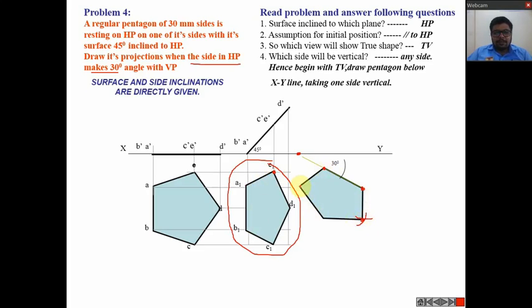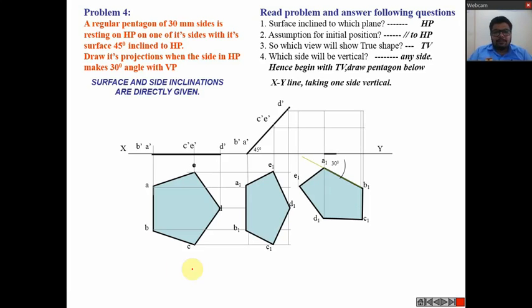Similarly we can find E1 and this will be D1. So A1, B1, C1, D1 and E1. Now a very simple step: take the projections in the upward direction from all the points, and now take the projections from the right side.